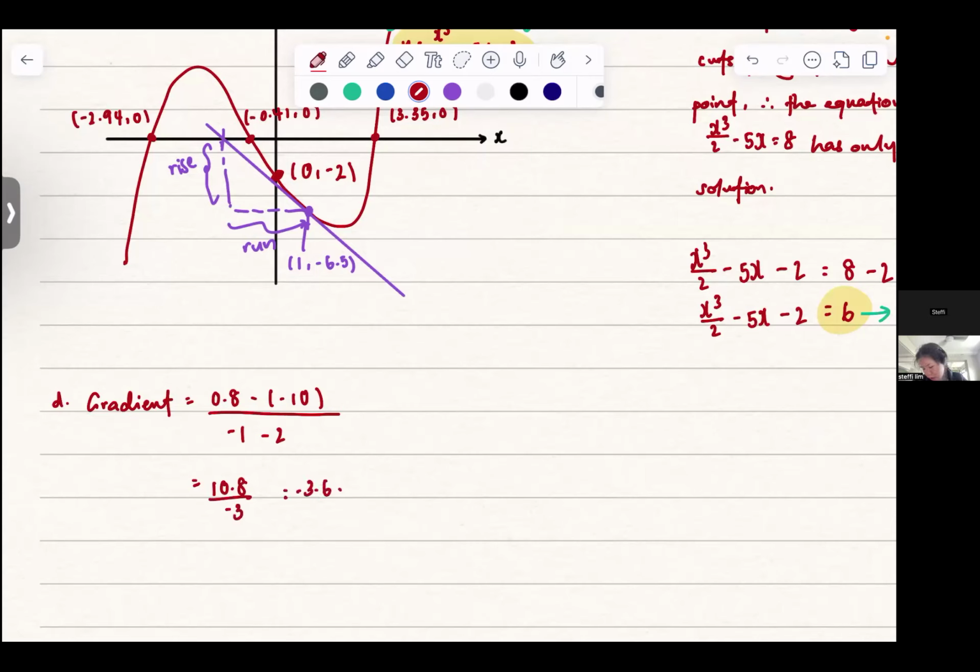So the two coordinates that they have given to me is minus 1 and 0.8.